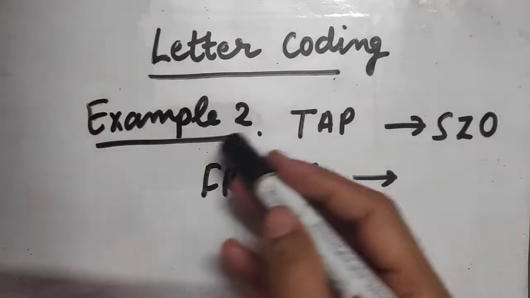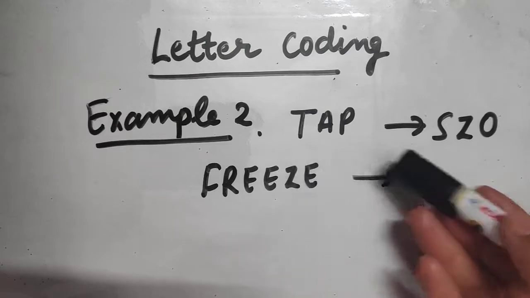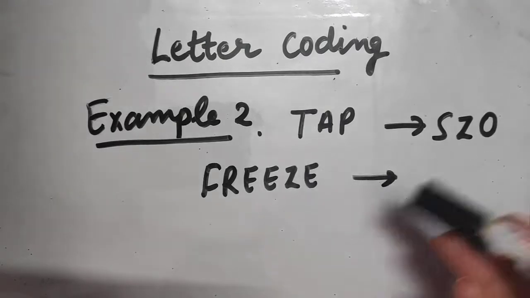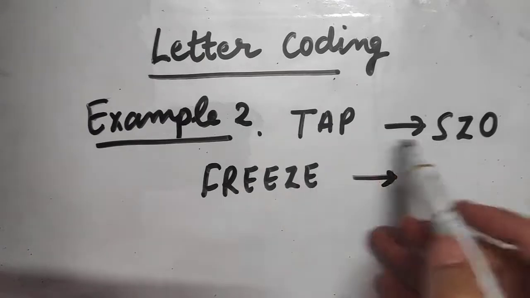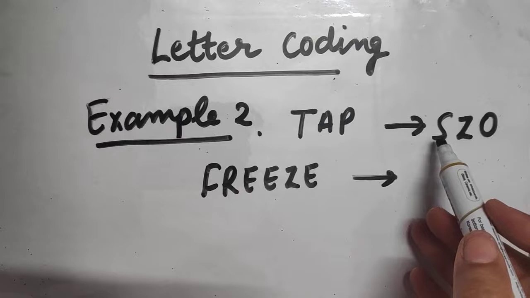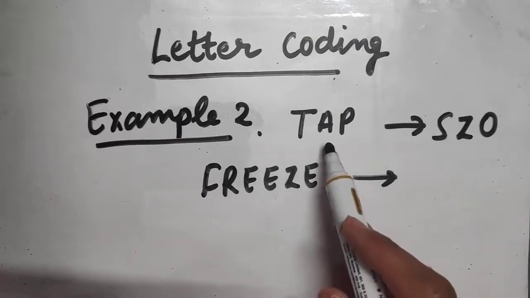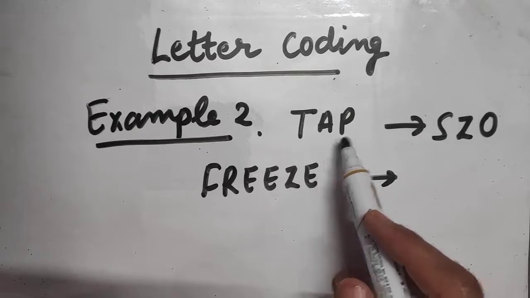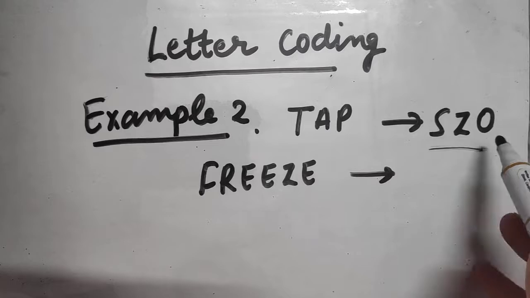Let us talk about example number 2. In this example, if TAP is coded as SZO, then how is FREEZE coded? If we look at the relation between these two codes, we see that each letter in the word TAP is moved one step backward to obtain the corresponding letter of the code SZO.